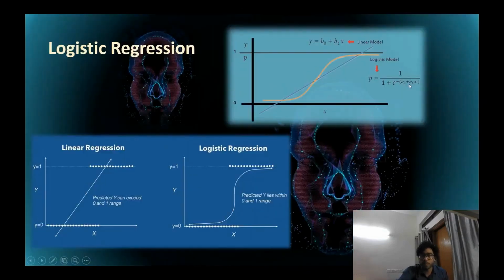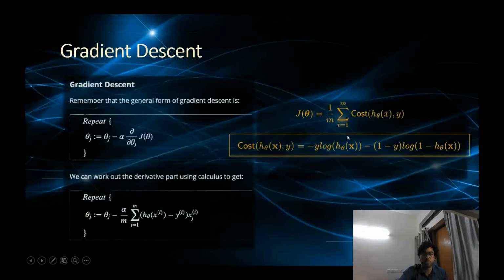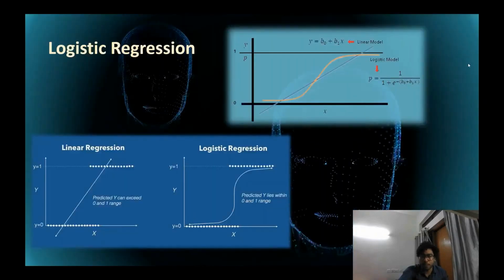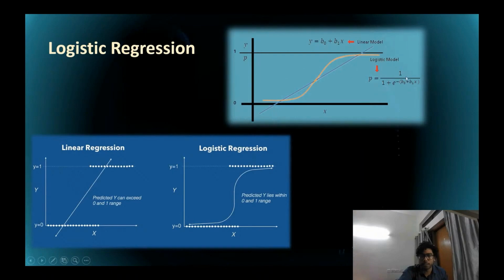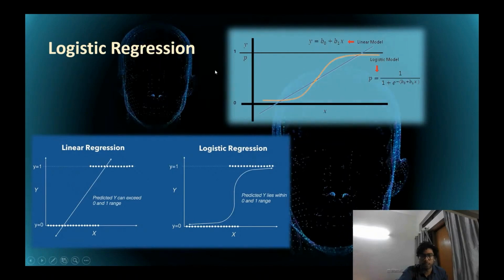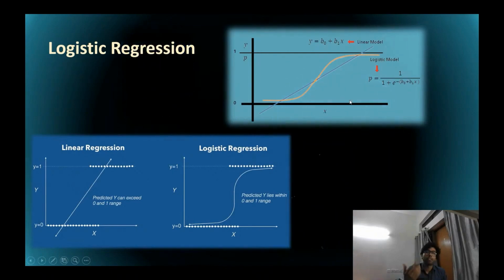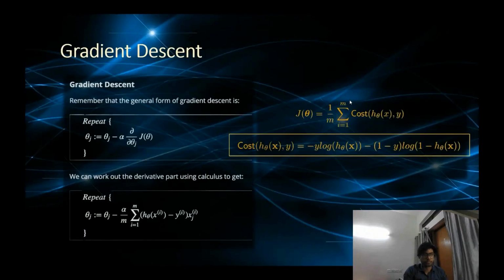Here I have written b naught, b1. These are basically theta parameters, theta naught or theta 1, whatever you say. This is just naming. So we want to find those theta naught, theta 1 or b naught, b1, and then we'll find this p value, and accordingly, as I said, we can classify them as obese or not obese, right?